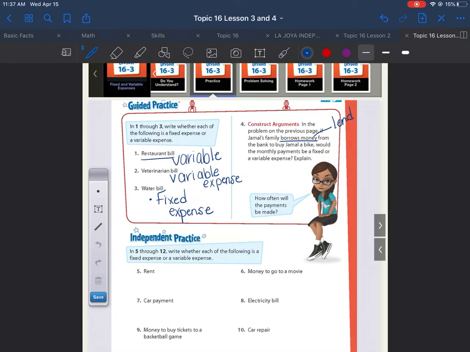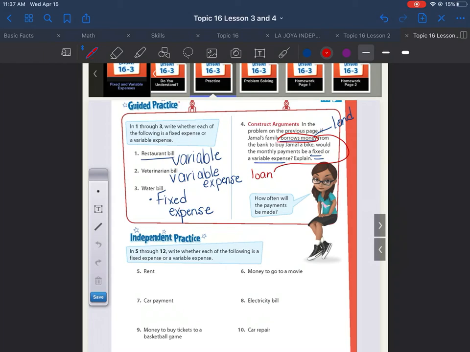Number 4, in the problem on the previous page, if Jamal's family borrows money, borrow is when you ask somebody to lend you money. So if they borrow money from the bank to buy Jamal a bike, would the monthly payments be a fixed or variable expense? Now, boys and girls, when you're borrowing money, this is called a loan.